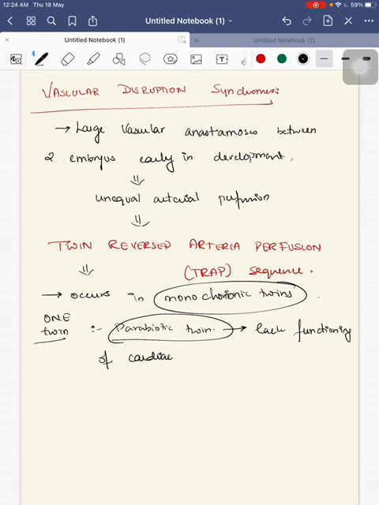This normally developing twin is called the pump twin because it is pumping the blood to this parabiotic twin.